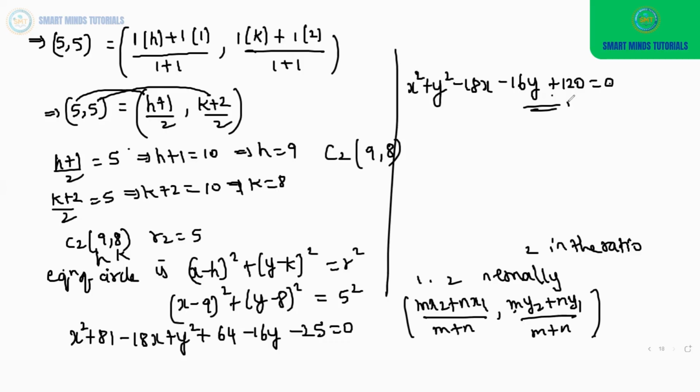Did you understand? Till now in point of contact problems, we were given circle equations, and we used to find out everything. Now in this problem, there is a twist. One circle equation he gave, one circle equation he did not give. But for the equation which he did not give, its radius he has given.